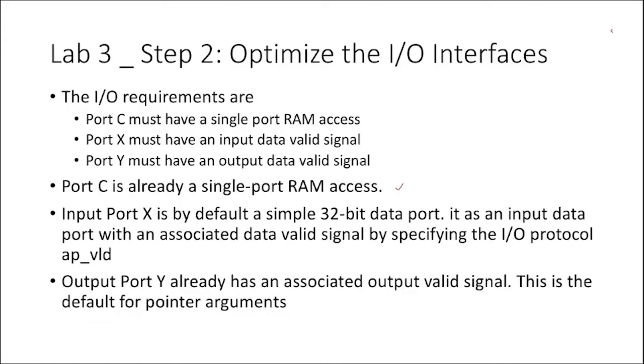Here, port C is already a single port RAM access, and port X is by default a simple 32-bit input data port with an associated data valid signal, specified by the I/O protocol ap_vld value. Port Y is already associated with a valid signal, and this is the default option.